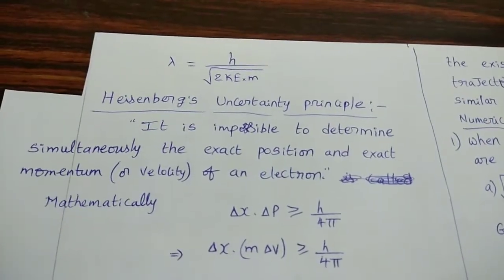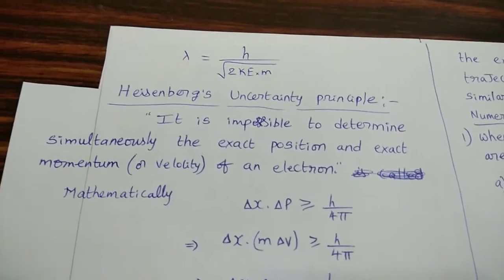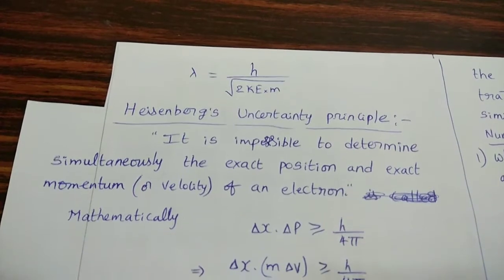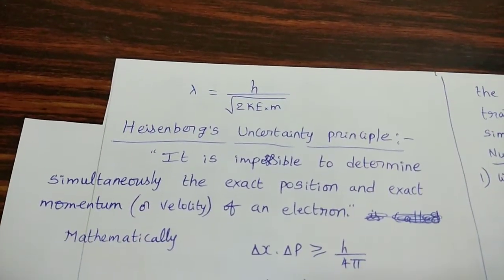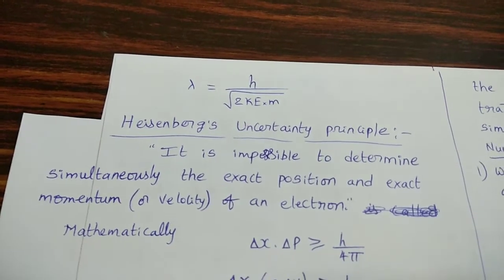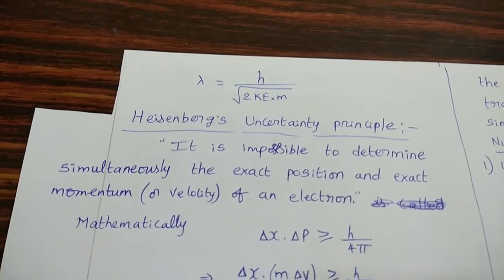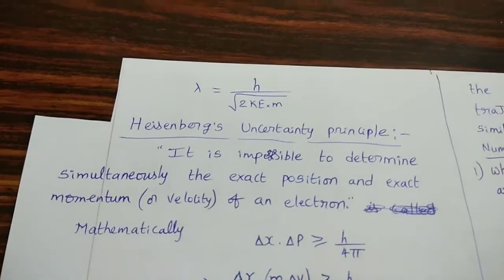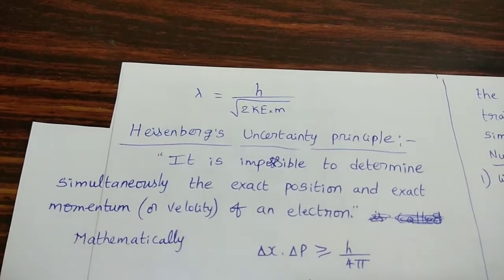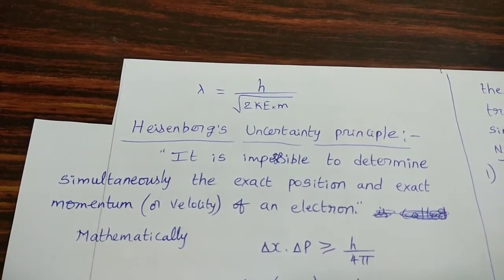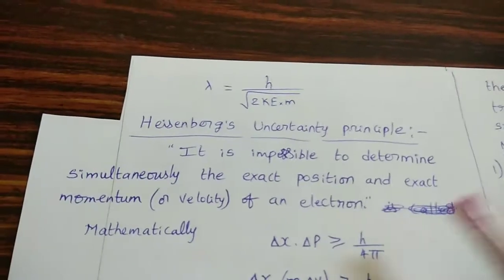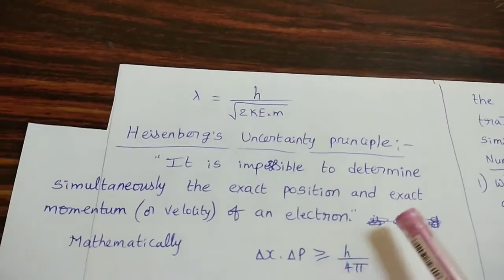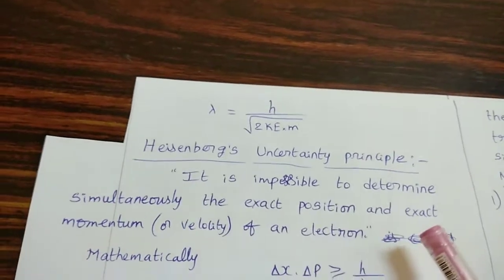Heisenberg uncertainty principle. What is the statement? It is impossible to determine simultaneously the exact position and exact momentum of an electron. An electron is revolving around the nucleus. Now, we cannot determine its position exactly. That means the exact position of the electron and momentum at the same time we cannot determine.